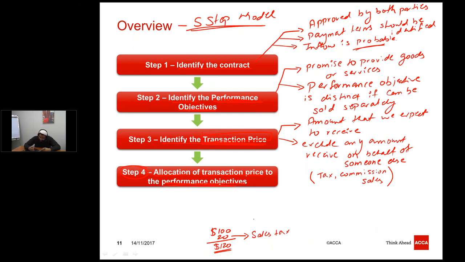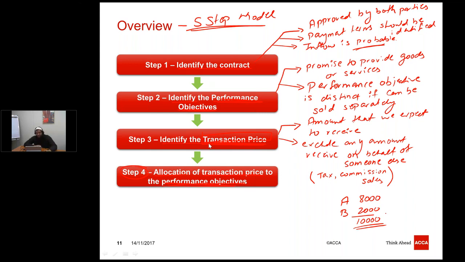So for example, I'm selling you two products, product A and product B. Product A is $8,000 and product B is $2,000, and the total is $10,000, under the same agreement.